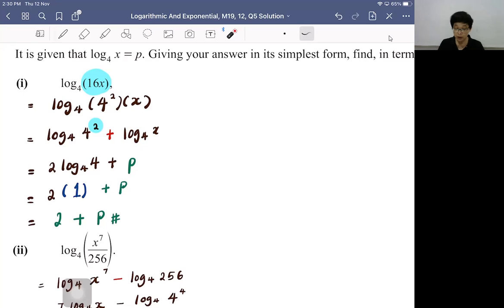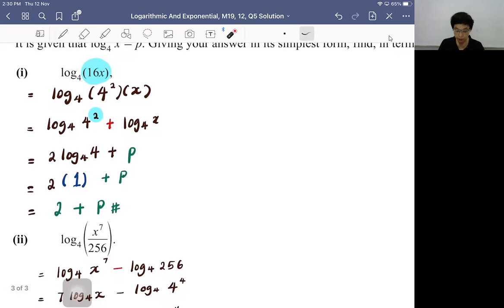Now, with the next move, we have obtained 2 log base 4 of 4 plus p. The next rule that we learn is log base 4 of 4: the inside of a log is the same as the base, which means it will be reduced to 1.